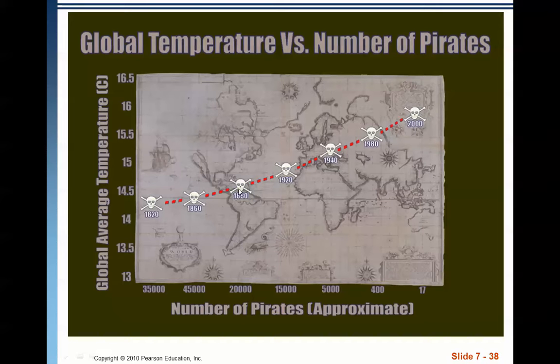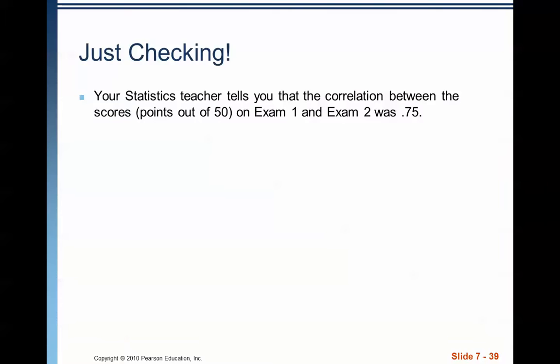The average global temperature is going up as we lose pirates. And so clearly pirates are preventing global warming. And so we need more pirates. More pirates save us from global warming, and we all get to live a bit longer, right? Clearly the only explanation. So, all right, that's everything we have for correlation.